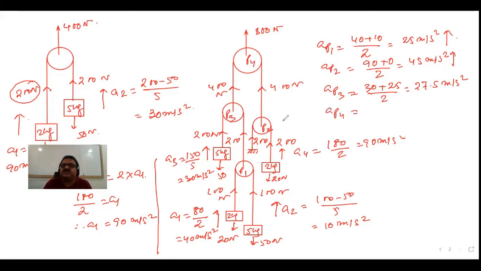Acceleration of P4 is 45 plus 27.5, that is 72.5, divided by 2, which is 36.25 meter per second square.